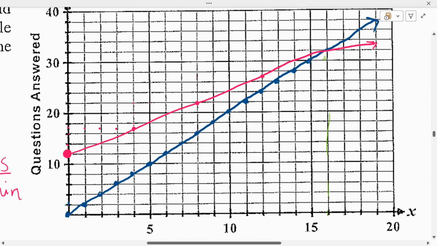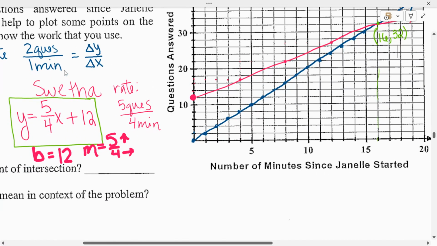You're right. 16. X is 16. And y is 32. Remember the y-axis is being counted by 2s. So our solution is the ordered pair 16, 32.